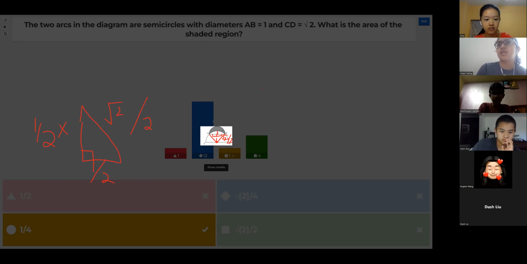And since x is 1/2, the area of this total pink region would be 1/2 times 1/2 divided by 2, multiplied by 2, since there are 2 triangles and the area of a triangle is 1/2 of base times height. So that would be 1/4 as the area of that.